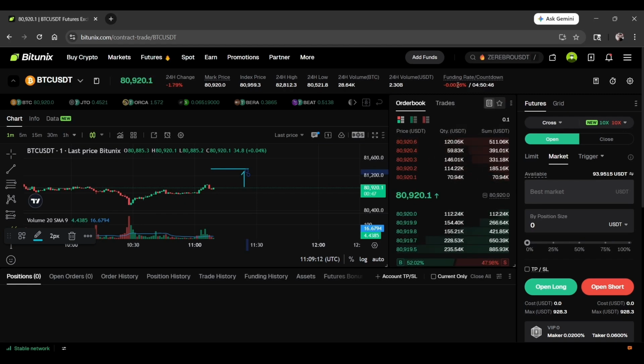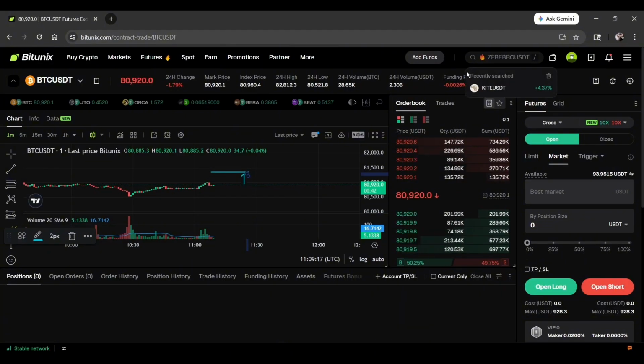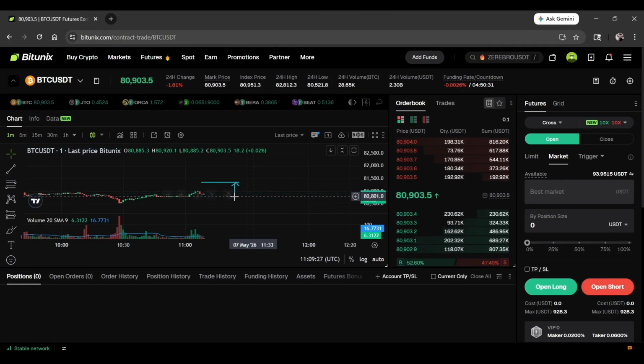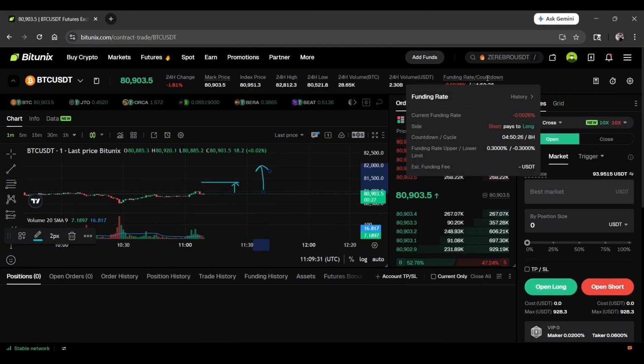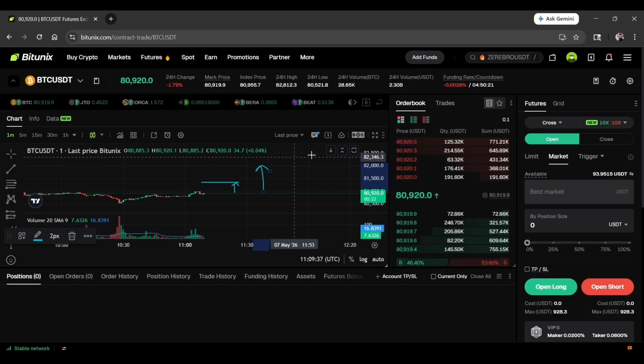The reason why it's built in this way is because without this funding rate, it would be really easy to just manipulate the price of futures, because you could just keep buying them indefinitely with no consequences, right? But as this gets more and more mispriced, this funding rate is going to get wider and wider and wider. So this means that if you are shorting futures when there is negative funding, you're actually going to get paid to do that, right?